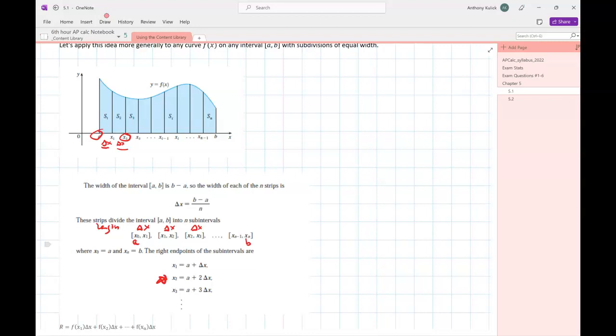Everybody's okay with that? What we're trying to do here is rewrite everything in terms of what we're given at the start. Delta x just depends on a, b, and n. Now I found a way to rewrite each of my right-hand endpoints in terms of a, b, and n, which is lovely. Does everybody see why we're doing that? It'll make the formula quite nice when we get to it.